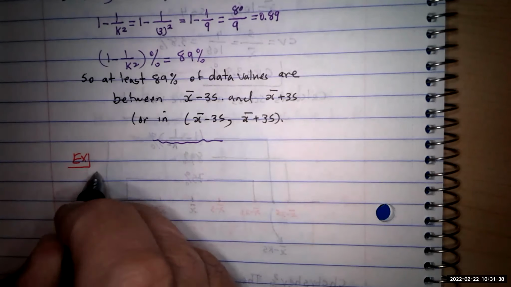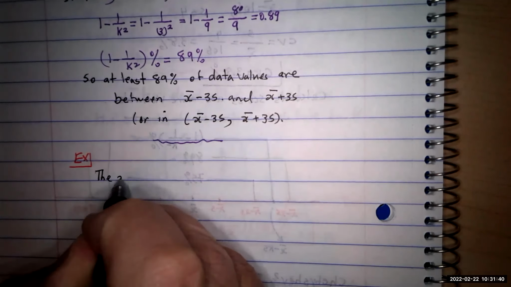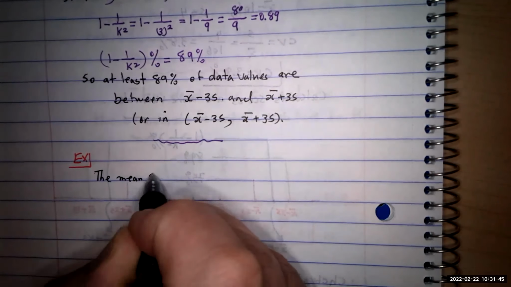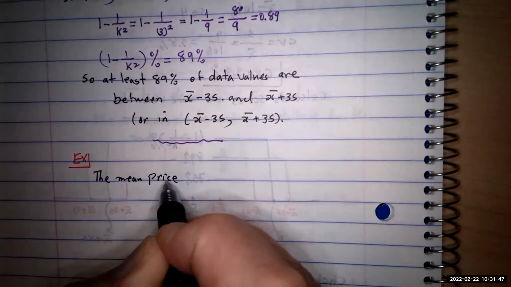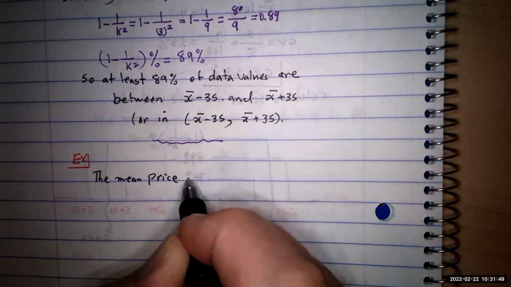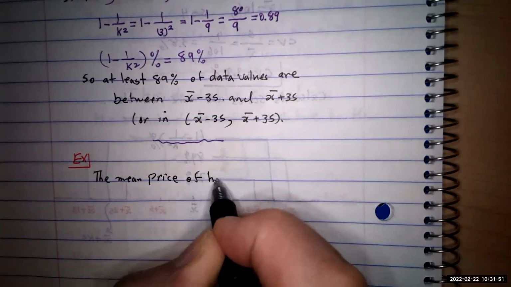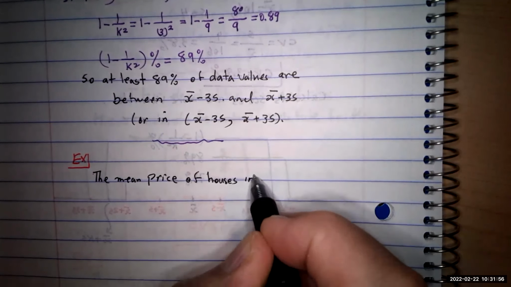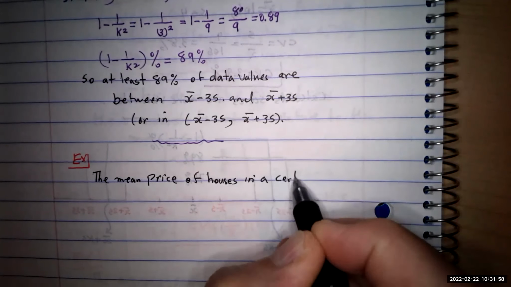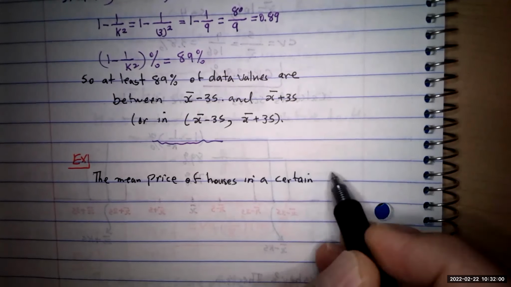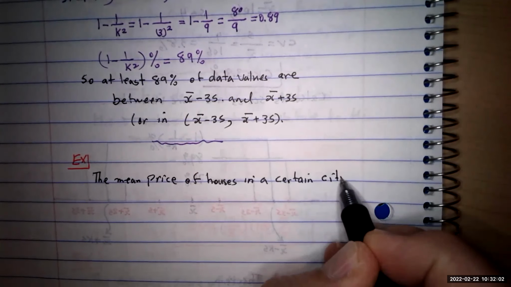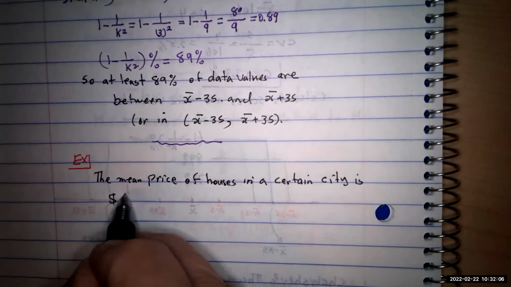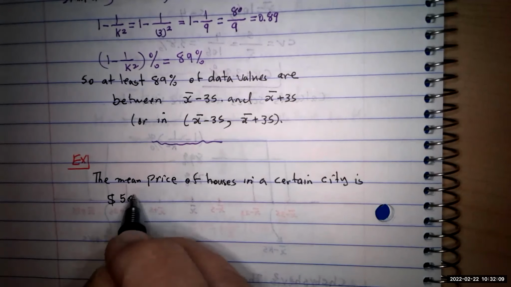Example: you know that the mean price of houses in a certain city is, let's say, $50,000. It's probably not in California.